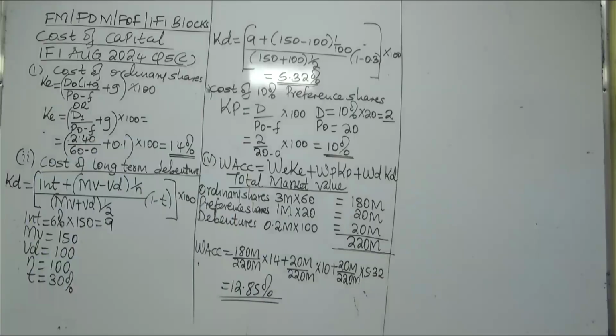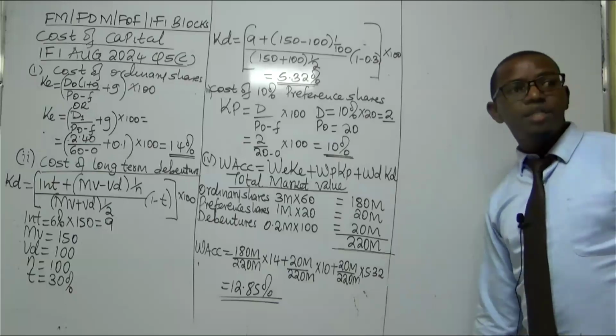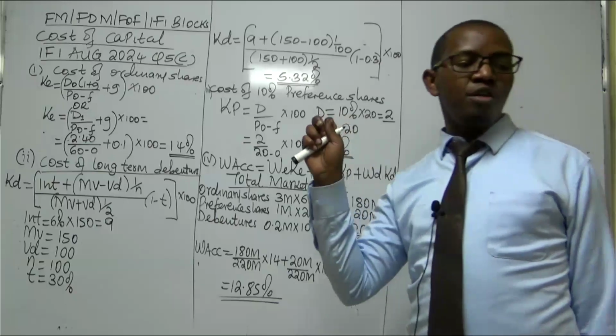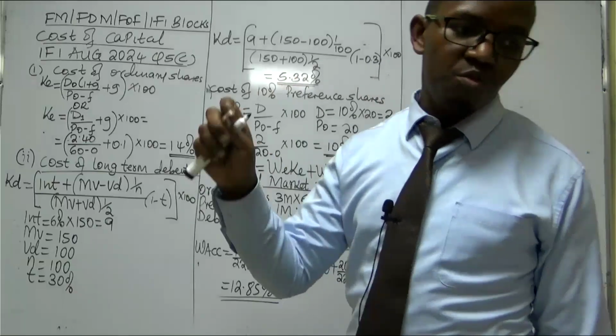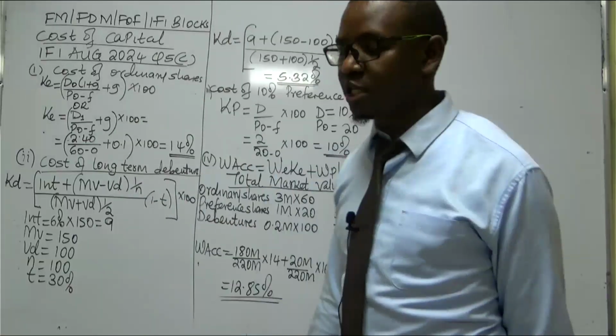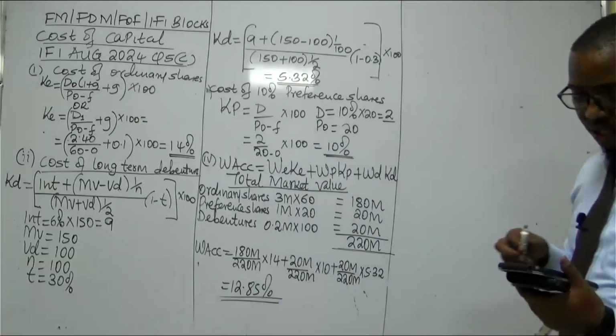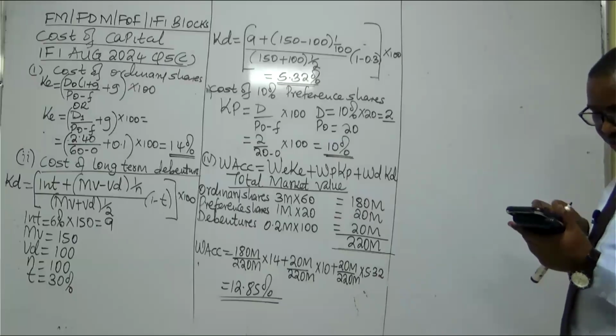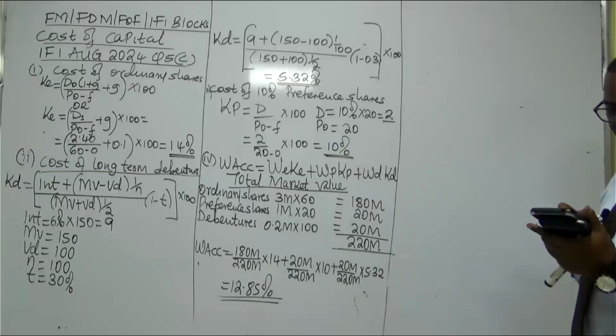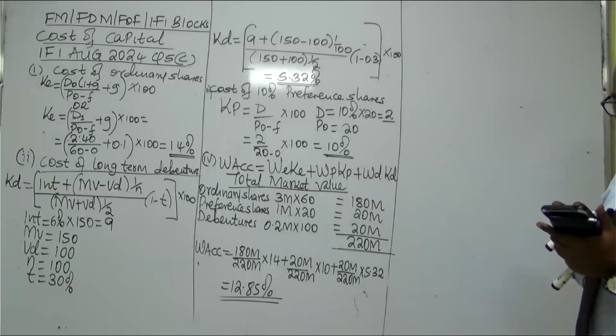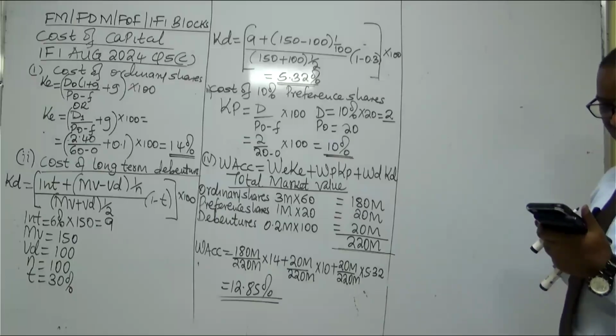For WMCC, which is the weighted marginal cost of capital, it is the overall cost of new funds to be raised. And therefore, we use it when evaluating new projects. So that is on that part of the WACC. We continue.